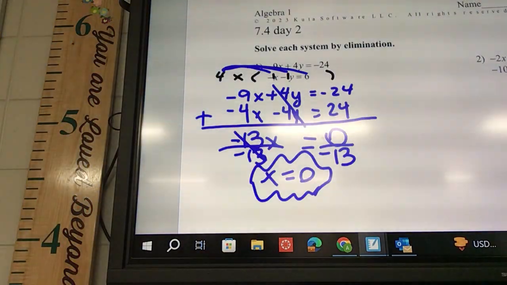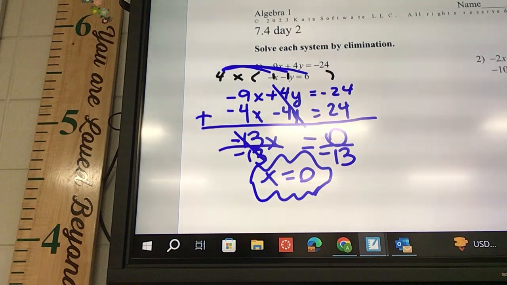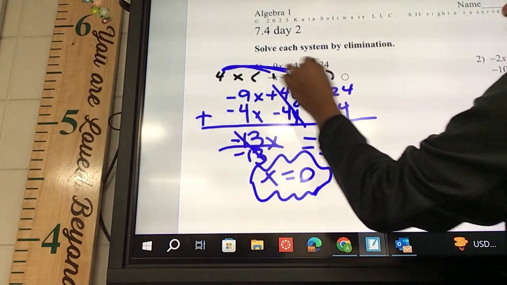Okay, so I'm going to get x equals 0. Then we're going to take that and plug it into one of our original equations.